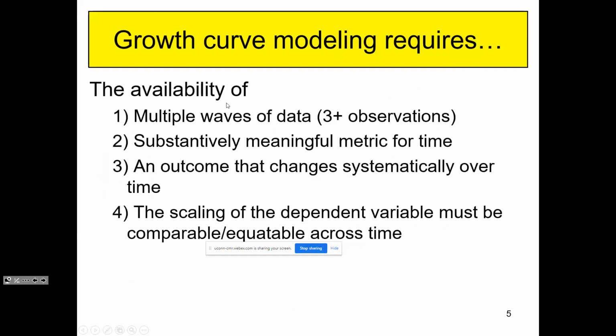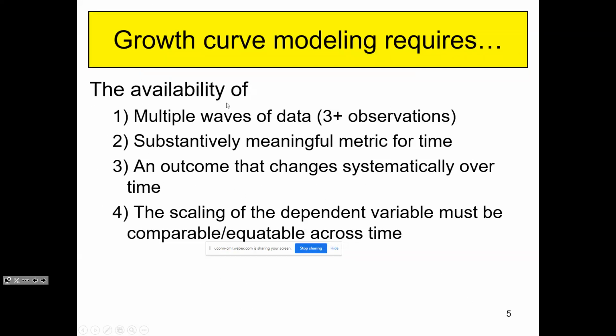As I said a minute ago, to do growth modeling, we have to have at least three time points. We have to be collecting data across three points in time. So when I say three-plus observations, that's not people, that's observations across time.